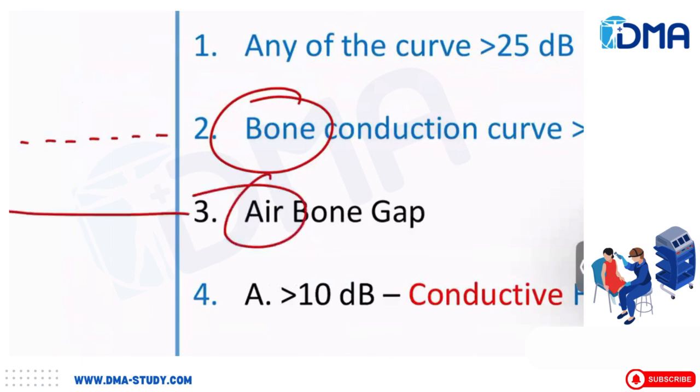If the lines are continuous like this, it is air conduction. The second important thing, if the line is red in color, it is right side, R. If the line is blue in color, it is left.